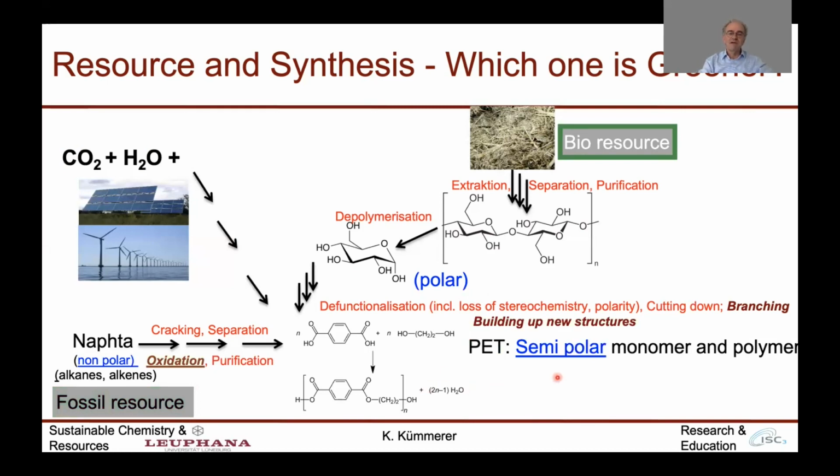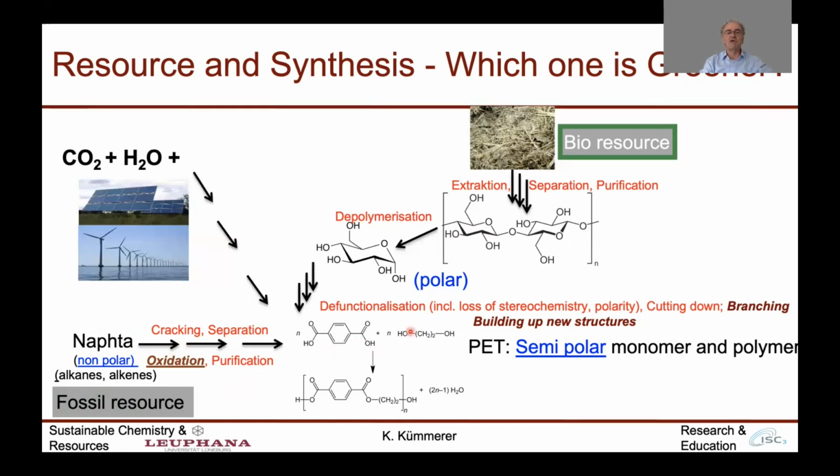Another example, PET, polyethylene terephthalate, as a polymer and a monomer, it's semi-polar. So maybe here it could be advantageous, but it depends on the route. Here, as it's semi-polar, we also need to introduce oxygen. So we have another chemical reaction and other purification and separation steps to come up with this monomer.